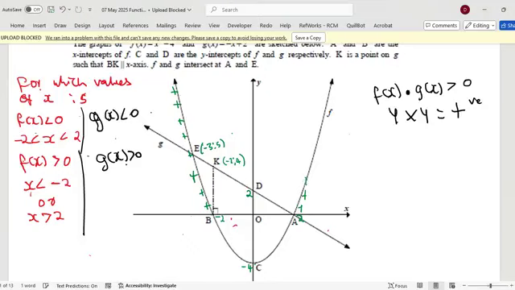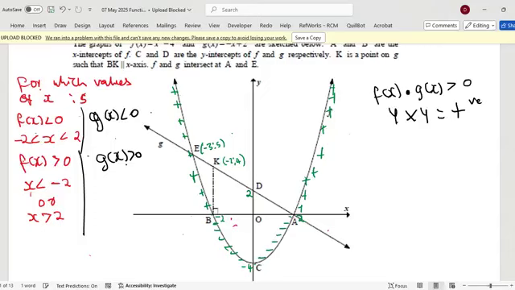Going up, it's still positive. But to avoid confusing myself, let me move to the next quadrant, 3 and 4. My y value is negative now. Negative, negative, negative.